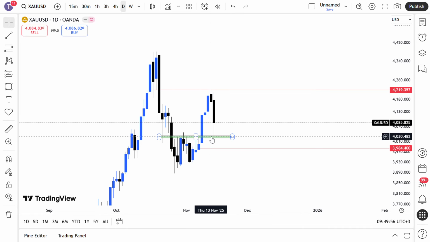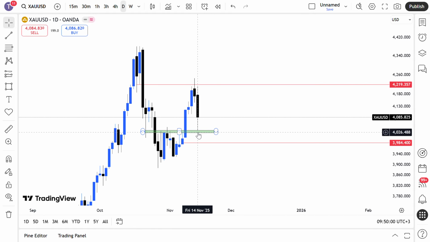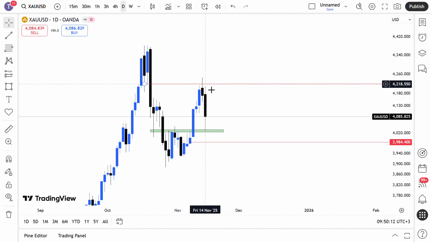So we are supposed to be looking for more buys to the upside. And when price came into this area and tapped into this support and resistance area, you can see the reaction from this support and resistance level. So right now, we have this selling pressure from this order block, and we are going to look for a confirmation from this area before we support our bullish momentum to the upside.